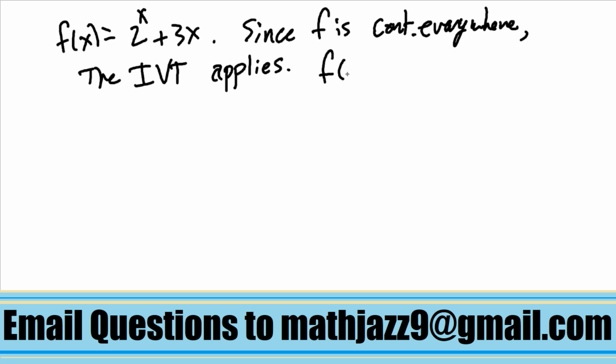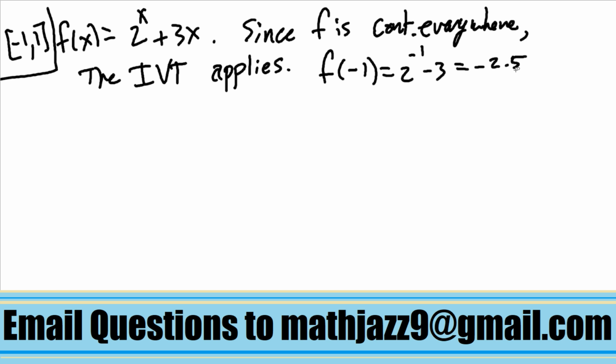I think that the interval we're looking at was -1 to 1. Yes, let me write that somewhere. Okay, so we recall that our interval was -1 to 1. F of -1 is equal to 2 to the -1 minus 3, which is equal to -2.5. F of 1 equals 2 to the 1 plus 3, which is equal to 5.